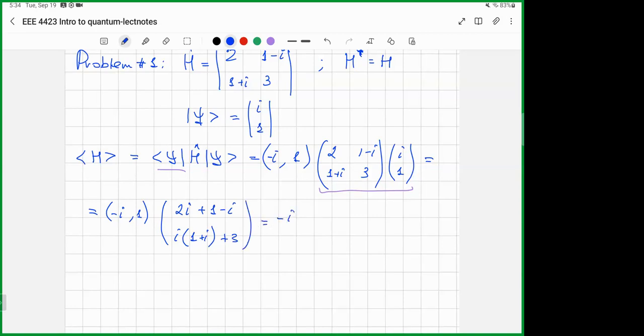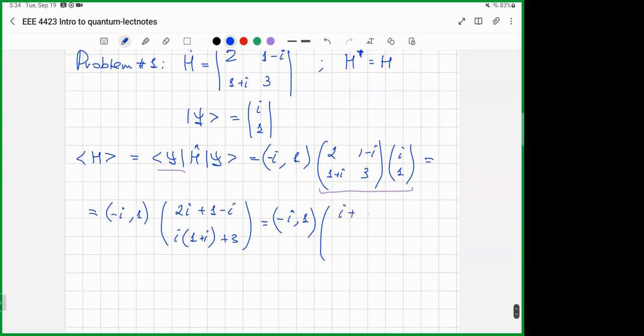So it's going to be minus I1. And the second one is 2I minus I, which is I plus 1. And the second is I plus I squared, which is minus 1, plus 3.